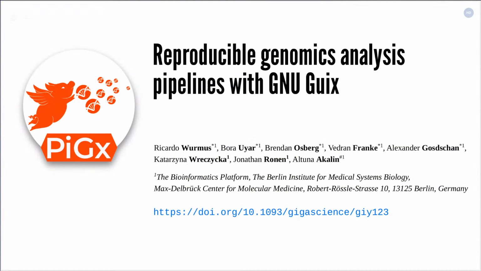So let me give a few examples of how we actually take advantage of Guix in a scientific context. This one is an article by colleagues of mine, friends of mine in Berlin in bioinformatics, where they essentially use Guix to provide fully reproducible genomics pipelines, which I think is quite unusual.